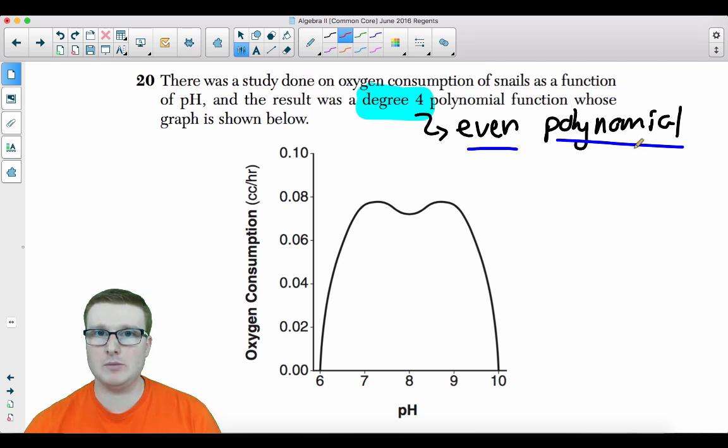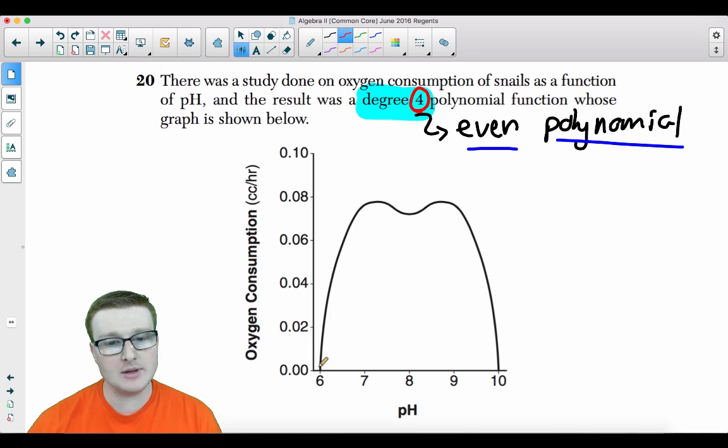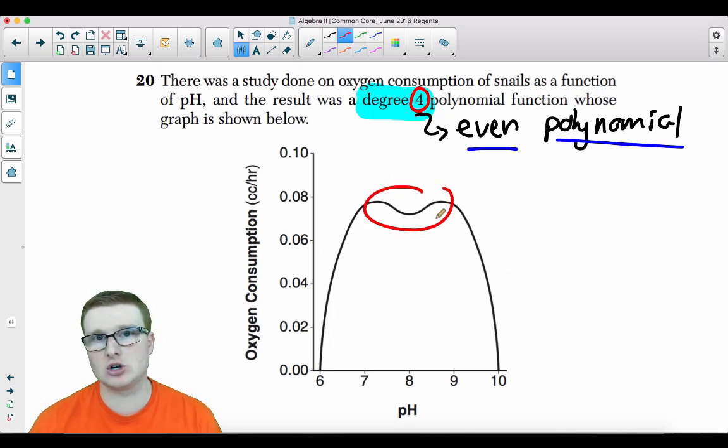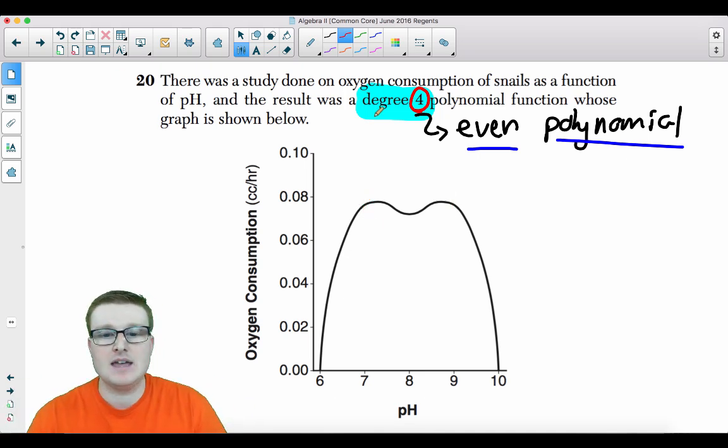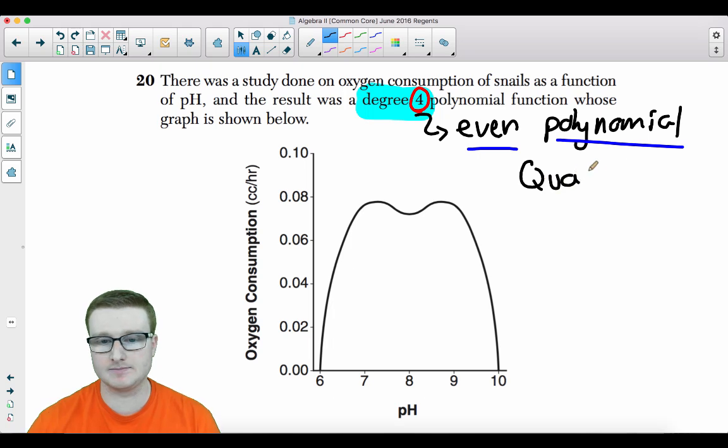An even polynomial. With degree 4, all you're really doing is adding some extra crevice or like 2 humps on the graph. Here's the thing. Even polynomials all have the same end behavior as long as they have the same leading coefficient. Let me explain why. All even polynomials can relate back to the quadratic.